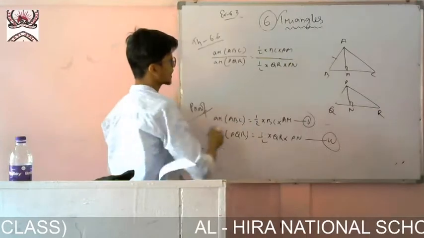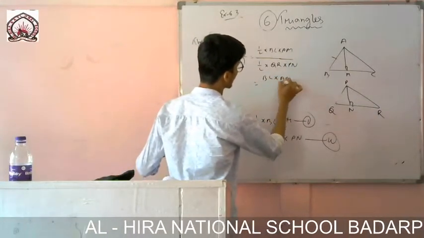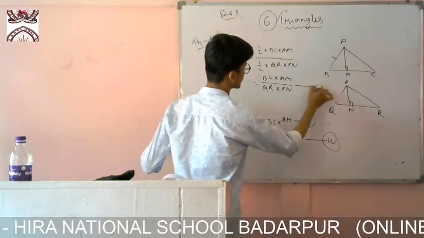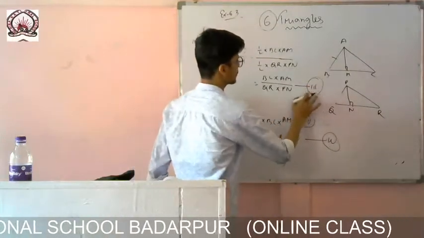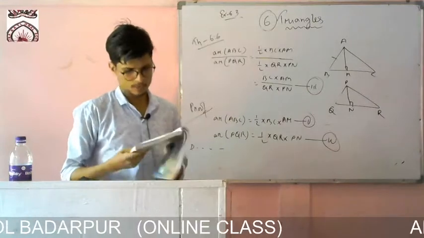If I go on cancelling, half is cancelled, so BC into AM by QR into PN. Okay. So up to this much we have solved.